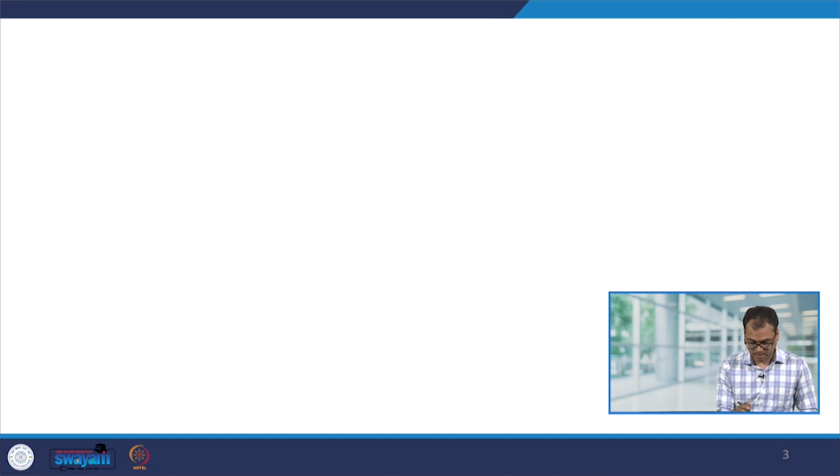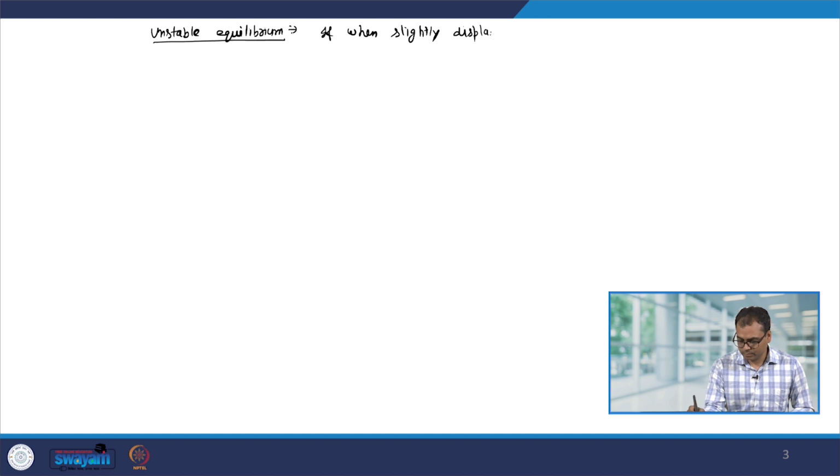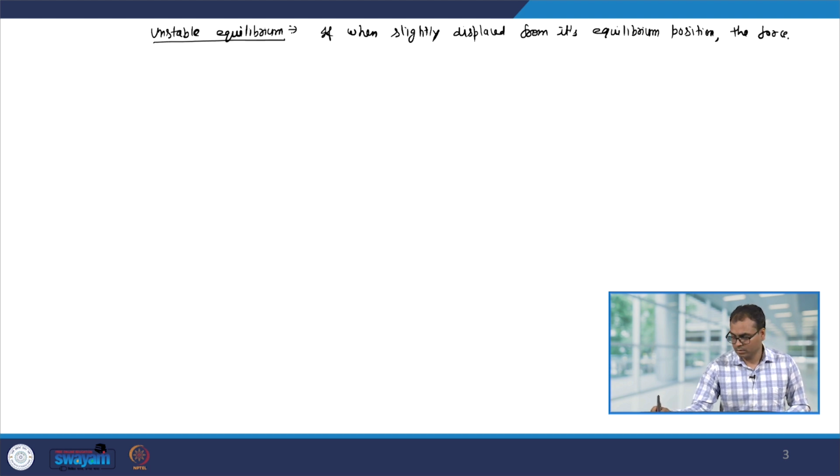Let me write it down. If, when slightly displaced from its equilibrium position, the forces acting on the body tend to move it further away from its position of equilibrium.